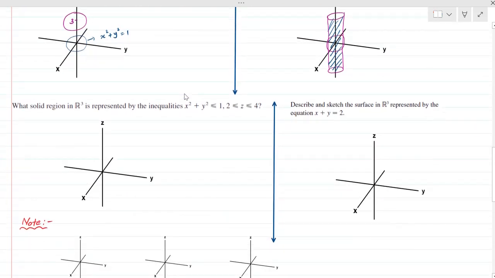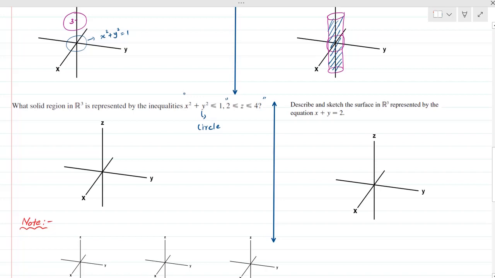The next one, what solid region in R3 is represented by the inequality? So this is a circle with x square plus y square less than or equal to 1, and the z value is given from 2 to 4. It is a circle in 2 dimensions, but z is from 2 to 4.